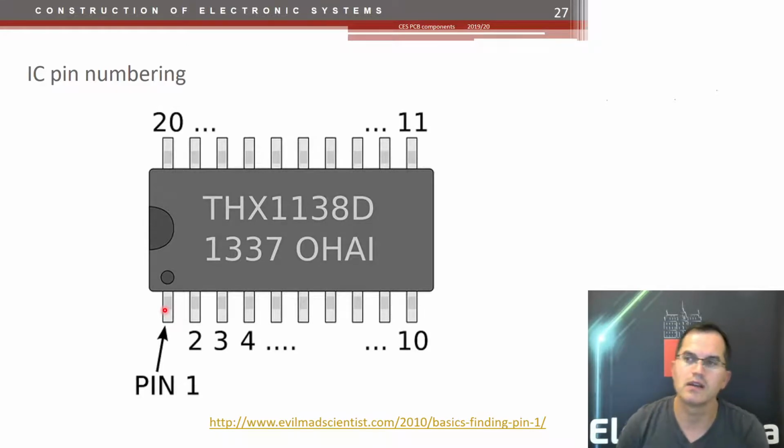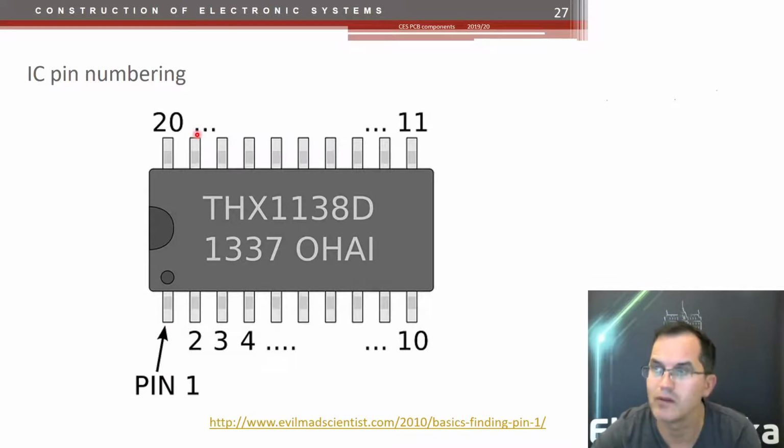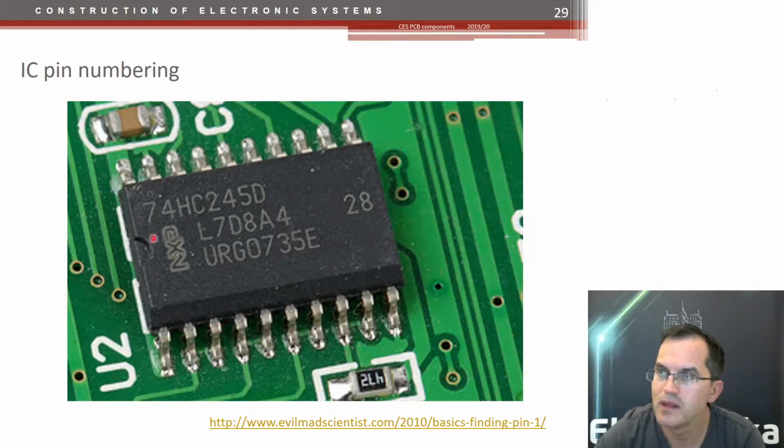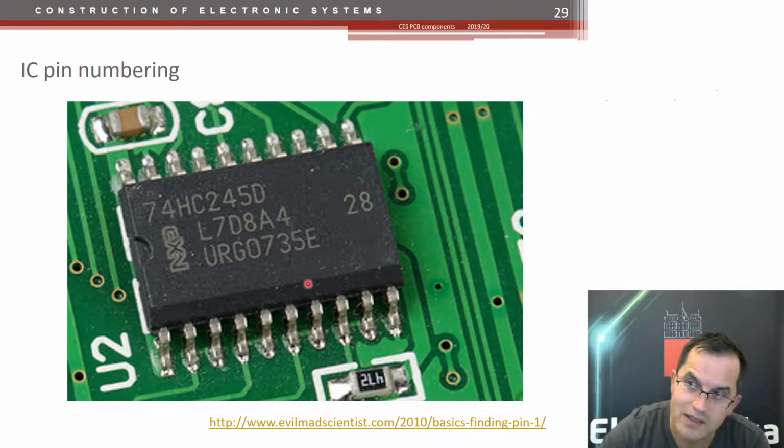So the marking denotes pin number 1, and then you go counterclockwise around. Well, finding pin 1, where is it? Here. Very easy. This is the marking of the left side, and the bottom side is grinded. So again, this is a sharp corner and this is grinded.